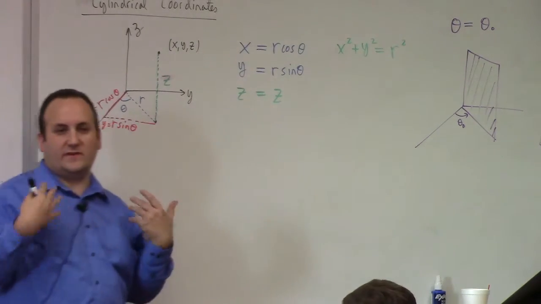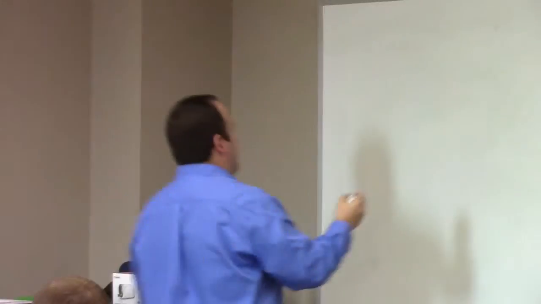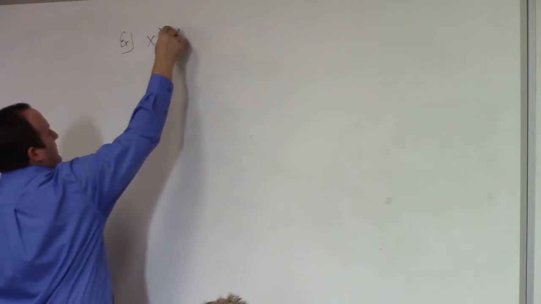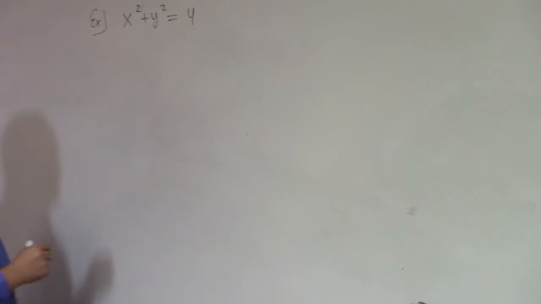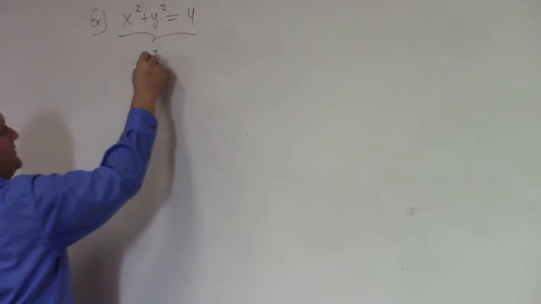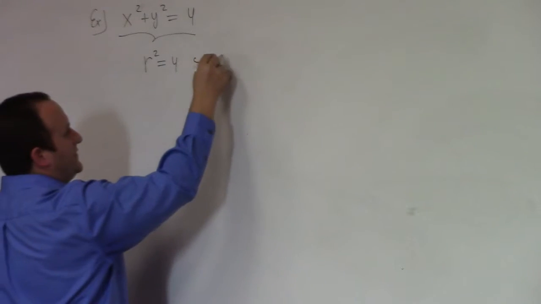In terms of cylindrical coordinates, if I have x squared plus y squared equal to 4 and I want to parametrize it, I can say, aha, this is really just r squared equal to 4. We choose r to be non-negative, so this is really just r equal to 2.